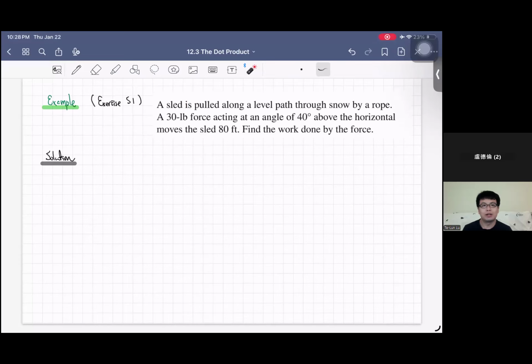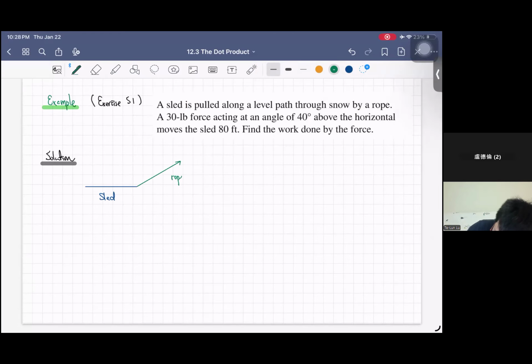For the next example, I want to do some physics. This is from exercise 51: a sled is pulled along a level path through snow by a rope. It is something like this. You have a sled, and it is pulled through the snow by a rope.